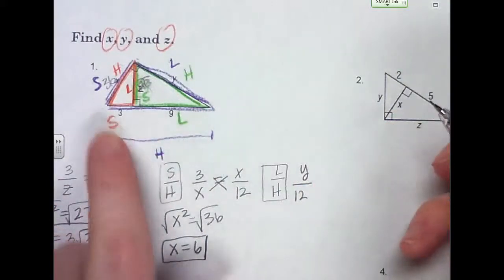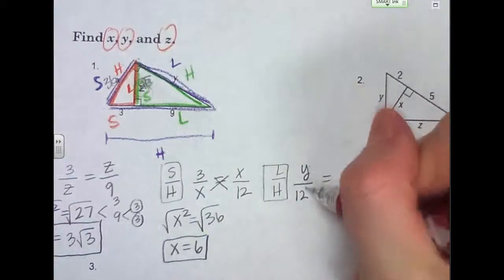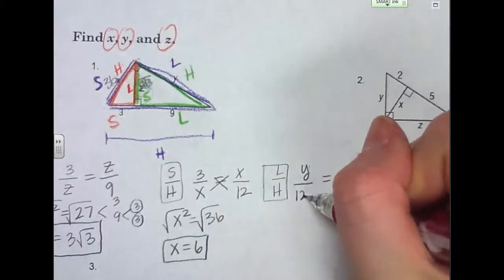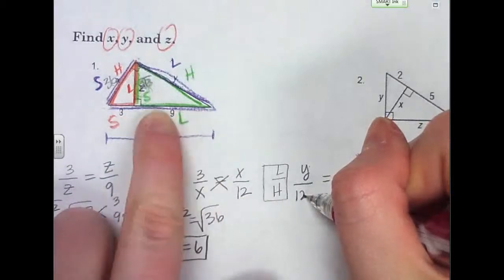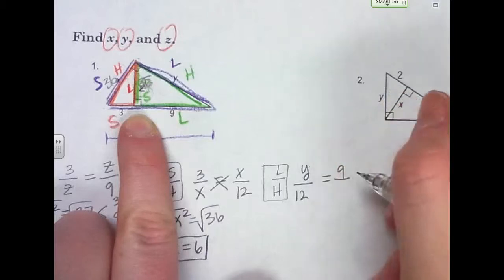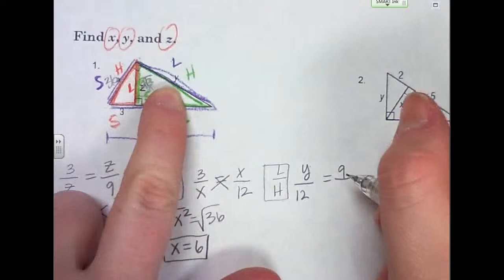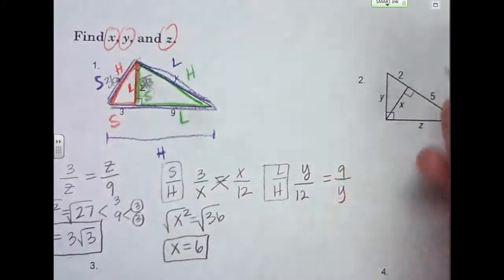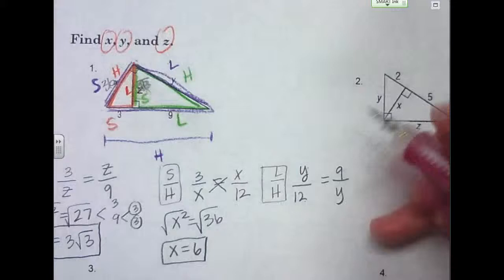We just found that on the second proportion. That's going to be equal to the long side of the green triangle, which is 9, over the hypotenuse of the green triangle, which is hard to see, but it's right here, and that's y. So I still use the long side and the hypotenuse from both of those triangles.